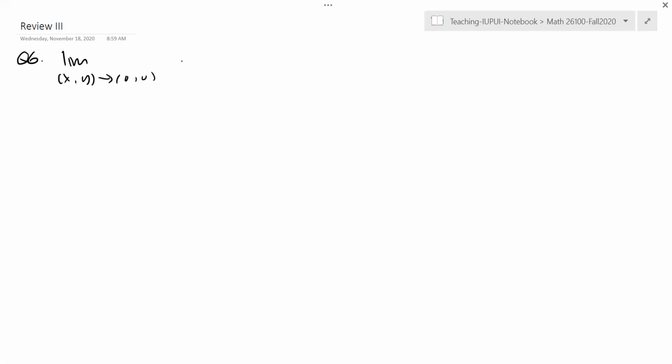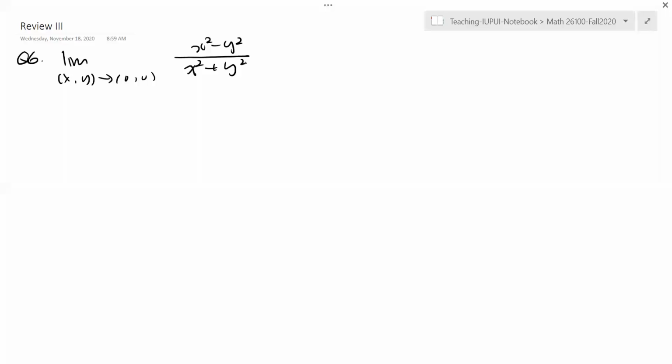If not, you have to prove it. Take a look at this function. The numerator and denominator both have the same degree. That means more likely it does not have a limit.